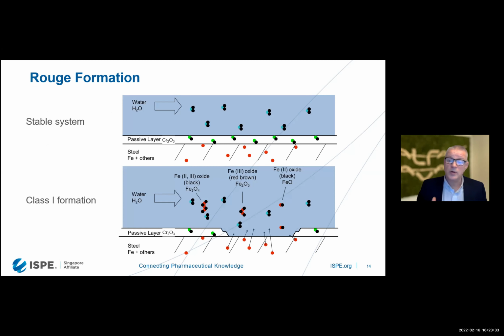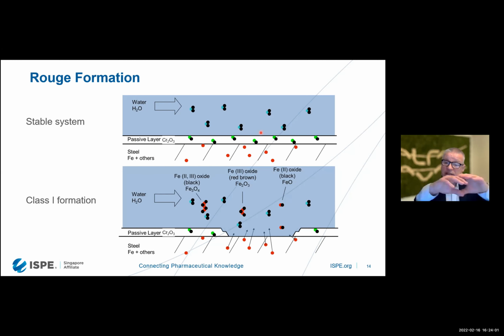And this is what I think is a good picture, which really explains how rouge is formed. Here you have the stainless steel surface, and on top of this stainless steel surface, you have a passivating layer. This passivating layer is formed by the chrome that you have in the steel, and it's a chrome 2 oxide 3 layer.